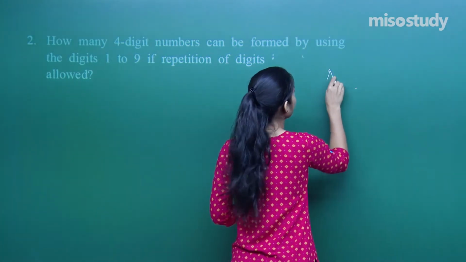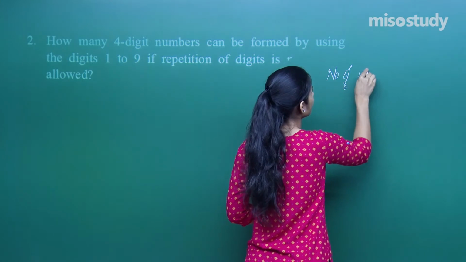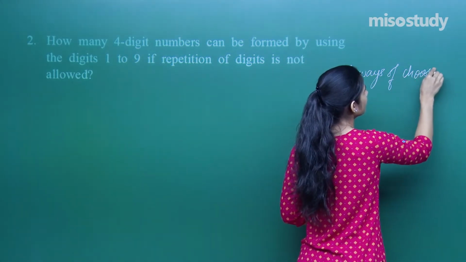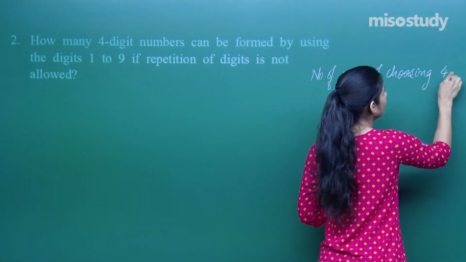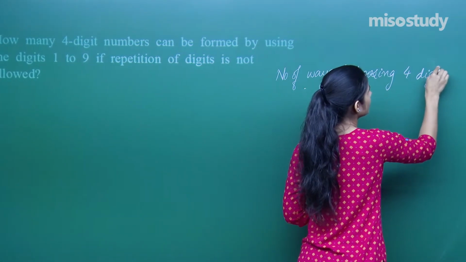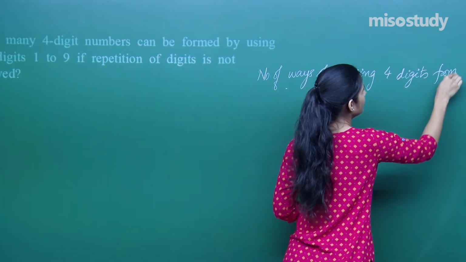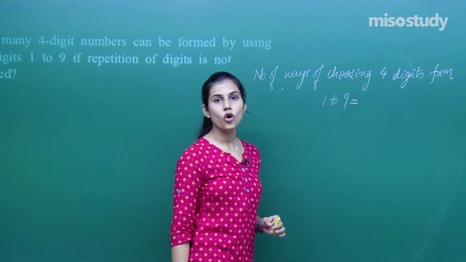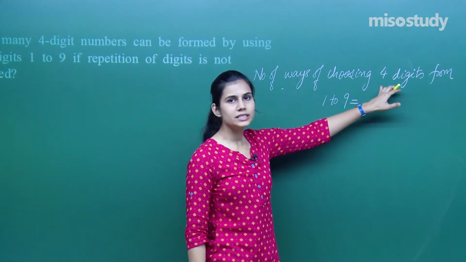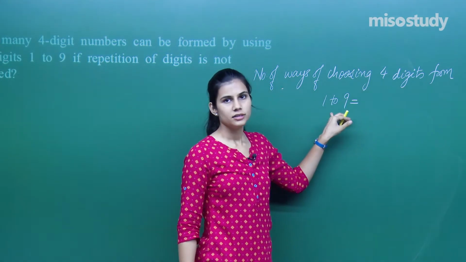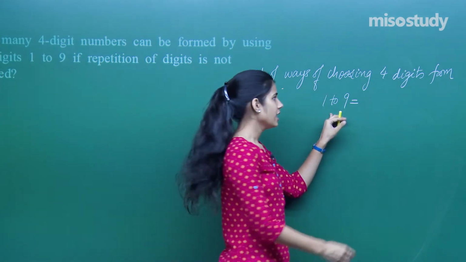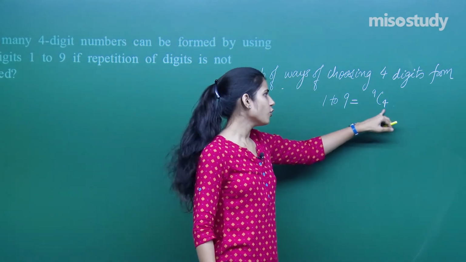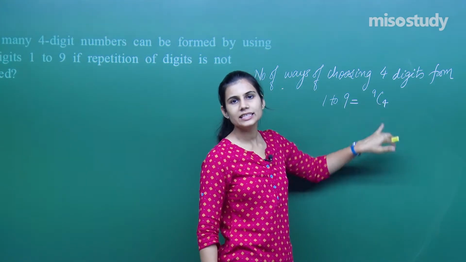So, the number of ways of choosing 4 digits from 1 to 9 is the same as saying the number of combinations of 4 distinct objects from available 9 objects, right? How can you do that? 9C4. You can choose 4 objects from 9 distinct objects in 9C4 ways.